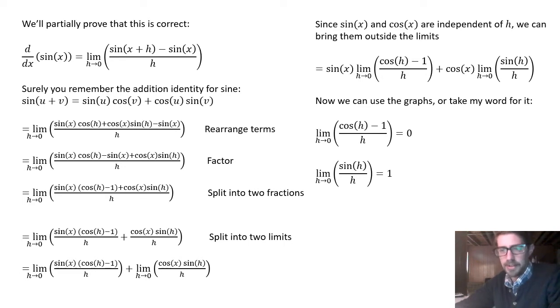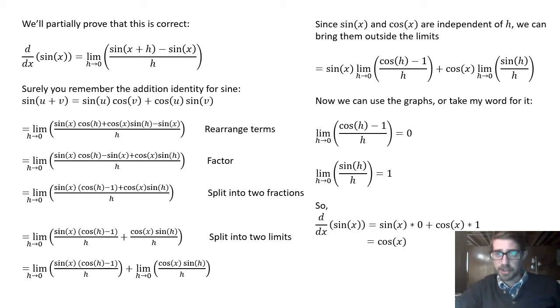So there's a hole at 0, 1. To actually prove either of those facts is hard, and we're not going to do it. So look at the graphs if you don't believe me, or just believe me because I know what I'm talking about. Okay, so that first limit just becomes 0, which means that first term drops out. That second limit is 1.